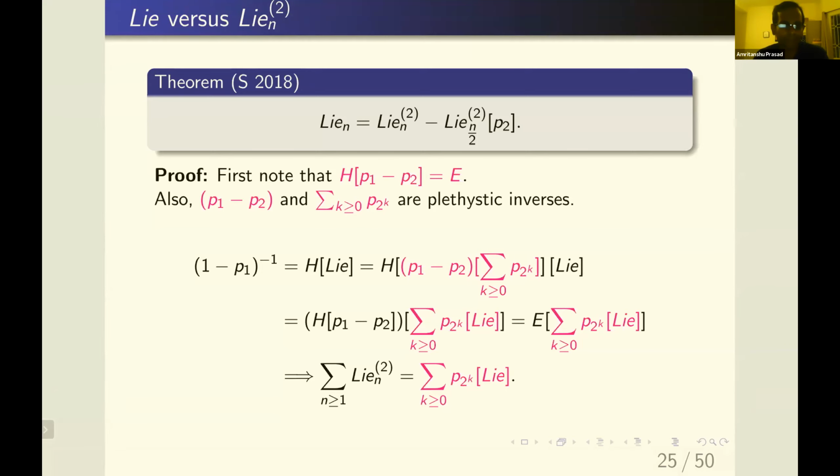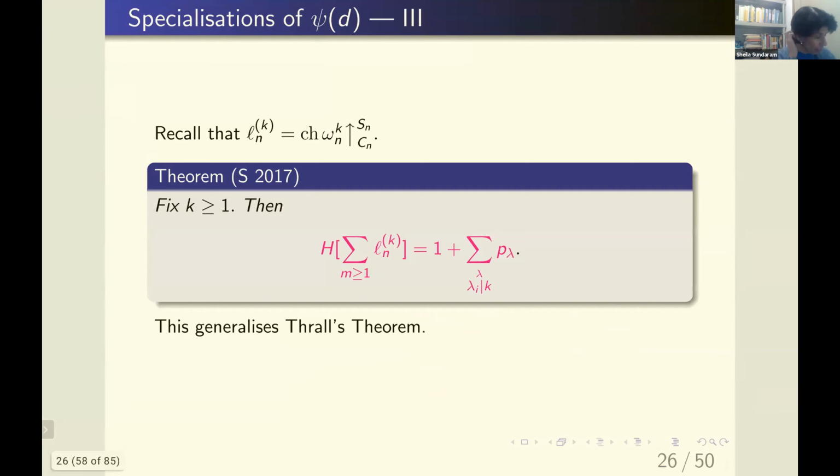Okay. Let's see. More specializations, right? So I can take psi of d. I didn't actually write it out because it's the Ramanujan sum. If I take psi of d to be that Ramanujan sum, then I'm really looking at my little fn's, those symmetric functions, which are these Len superscript k's, these induced modules.